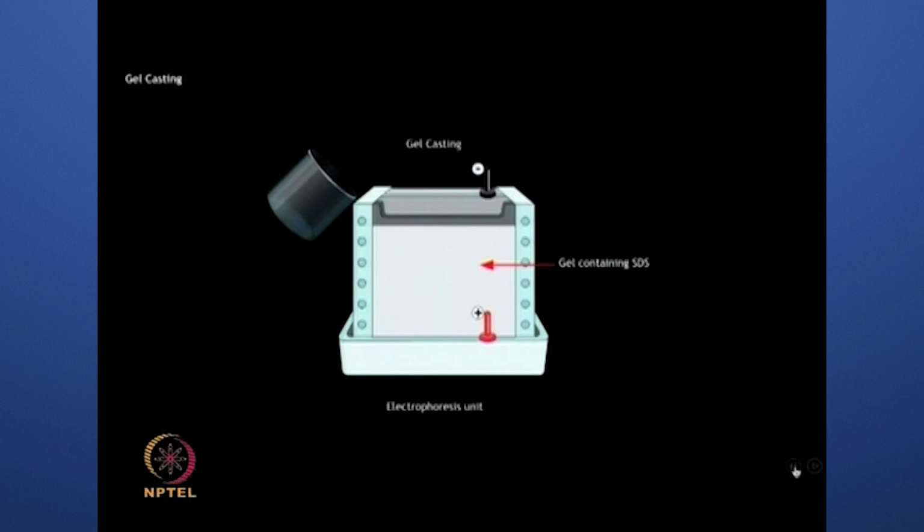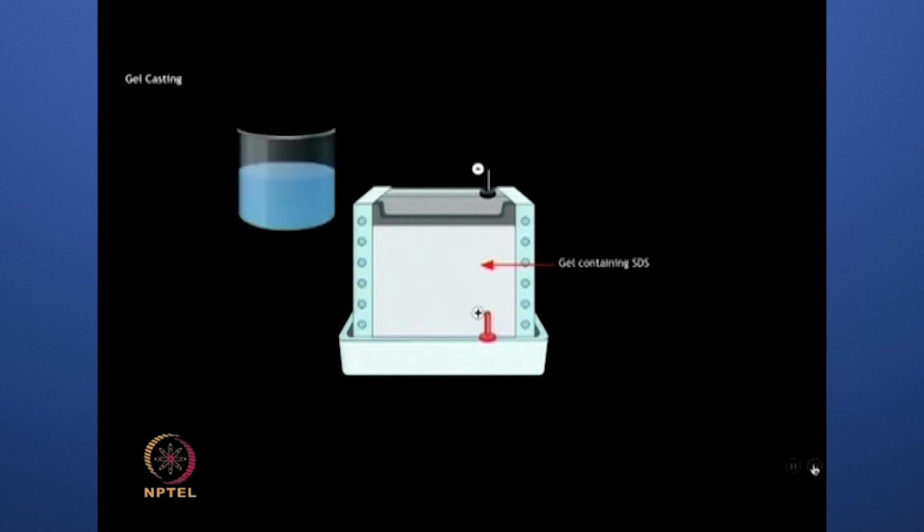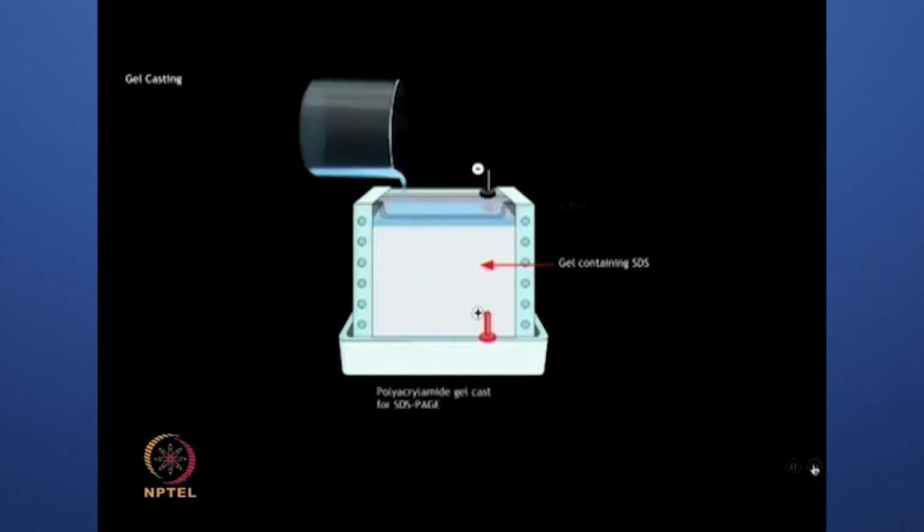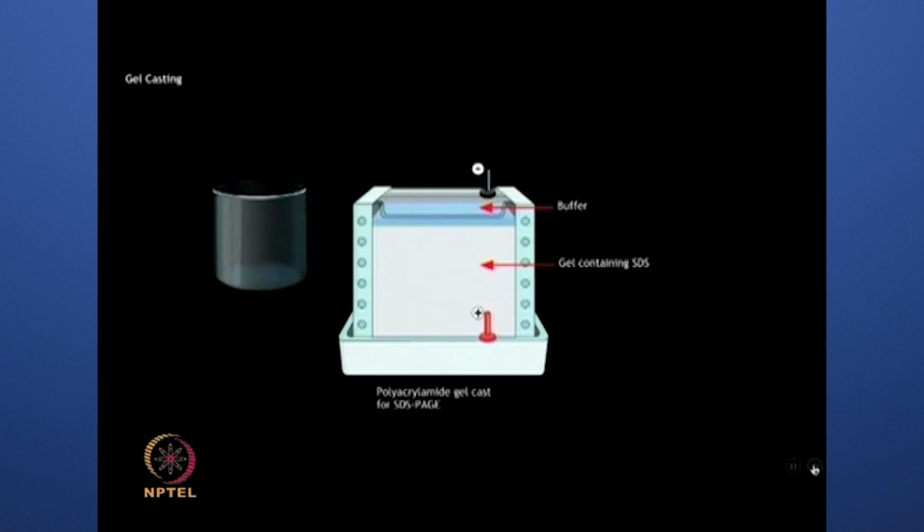The molecular dimensions of the pore can be controlled by varying the amount of N,N'-methylenebisacrylamide, with free radical cross linking being facilitated by ammonium persulfate or APS and TEMED. Next step is to create the wells in these gels.